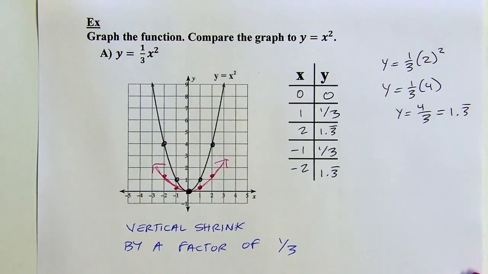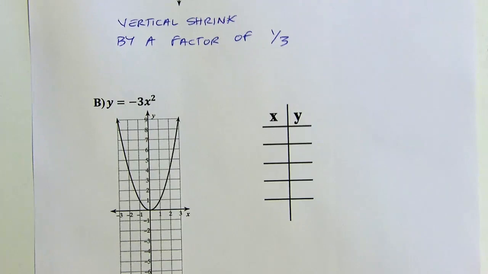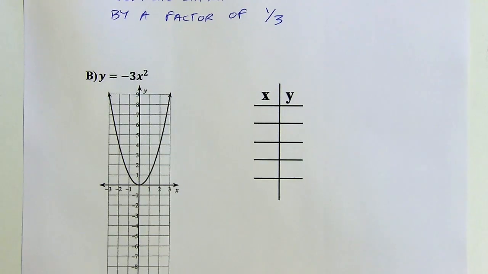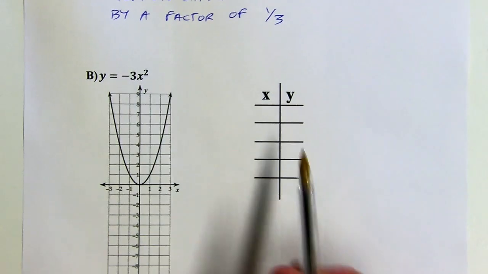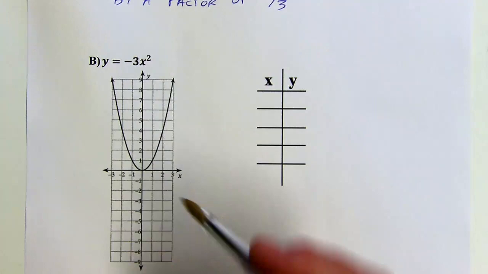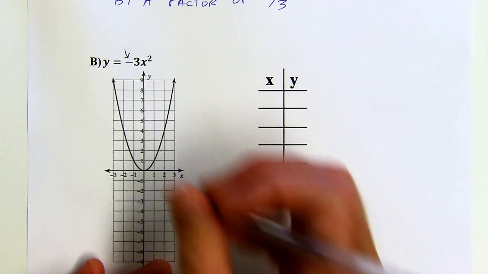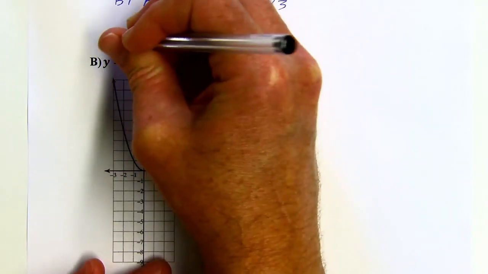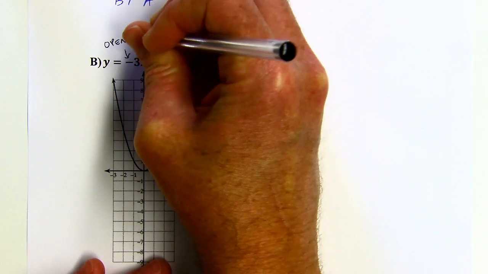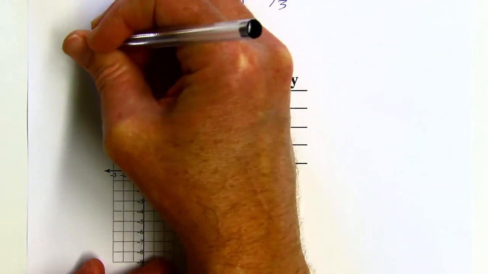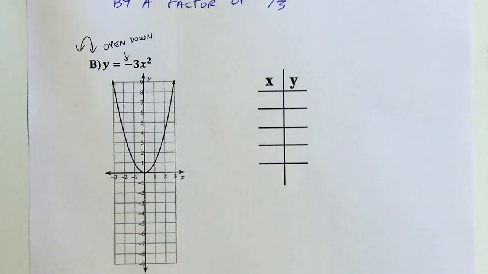Okay, let's try out another. So this one, I've got two things happening. So I'm going to do an XY table, but just looking at this, the negative, that means this is going to open down. Okay, so just from that, I know I'm going to get a parabola that looks something like that.